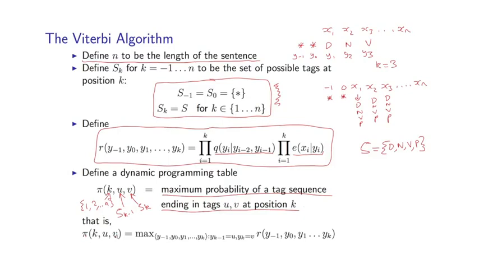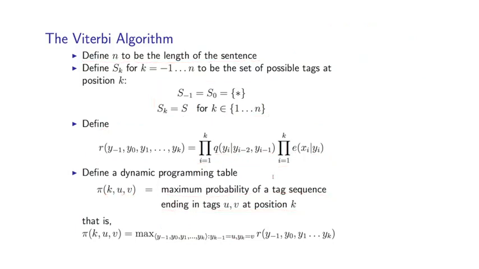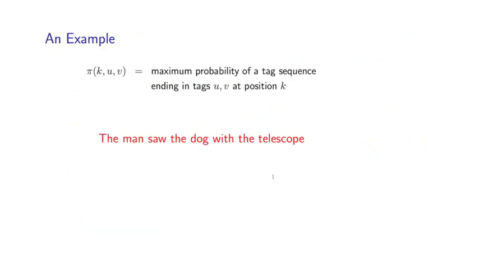More precisely, pi k u v is, here I have a max over all sequences with k tags y1 through yk preceded by y minus 1, y0. These are both star, always assumed to be star, such that y k minus 1 equals u, y k equals v of this r function I've shown you here. So that's the formal definition. Let me give you a particular example on the next slide.